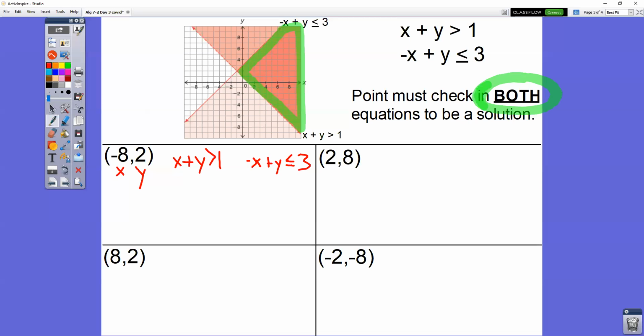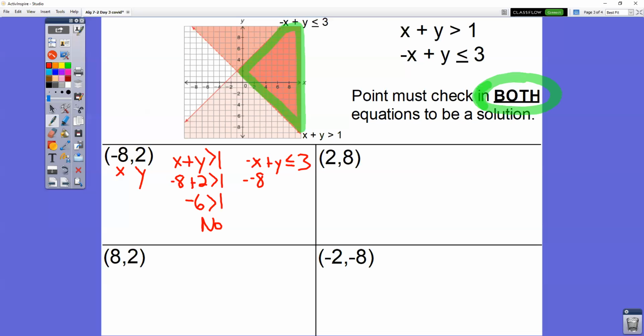So I'm going to go -8 plus 2 is greater than 1. -8 plus 2 is -6. So I have negative 6 is greater than 1. Is that true? No, it's not. On the other one, I have negative of negative 8. Now, this is a little bit confusing for some people right here. I'm subbing in negative 8 into negative x. So I have the negative of negative 8.